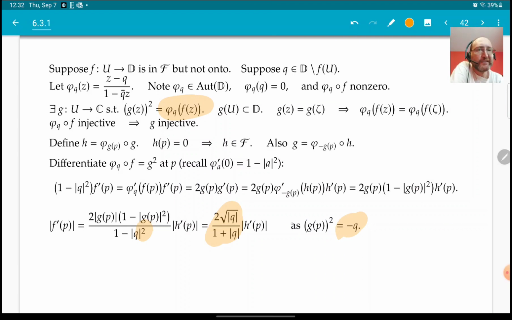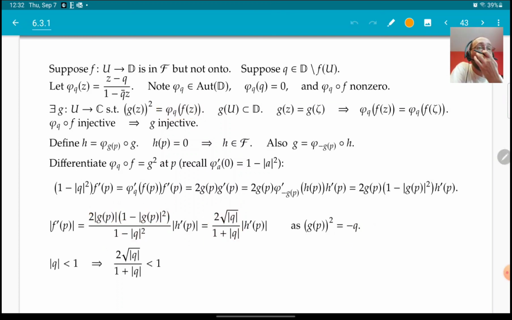Therefore, I get these guys, and then there's a little bit of canceling. This is going to be 1 minus mod q squared, which you can write as 1 plus mod q times 1 minus mod q, so that cancels, and then you're left with 2 square root of mod q. Okay, it's just a little bit of algebra.